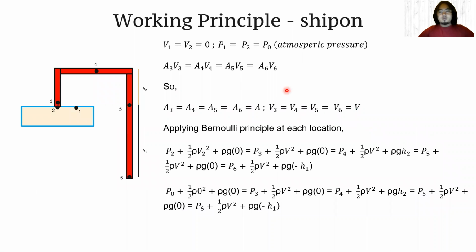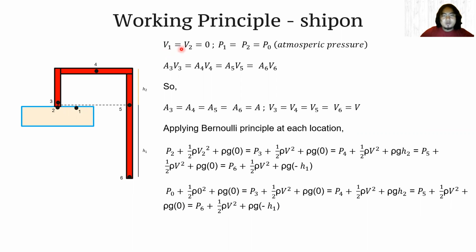And then for the working principle of the siphon. So let's say here we have a bucket filled with water, and let's say location 1 and location 2 are the water surface, and at the water surface the velocity of the liquid will be 0.